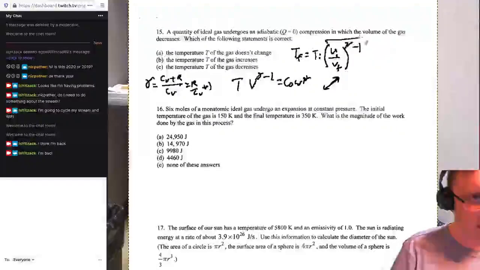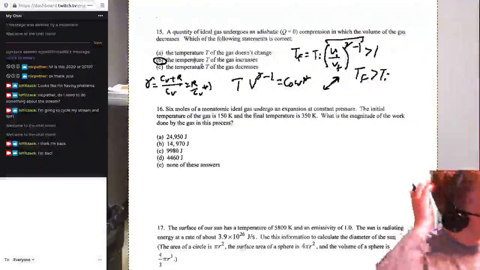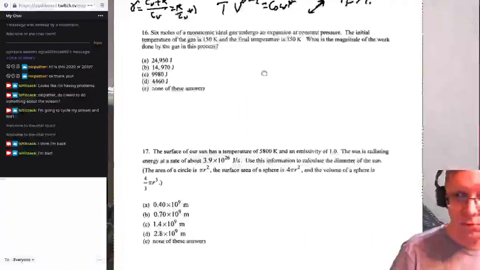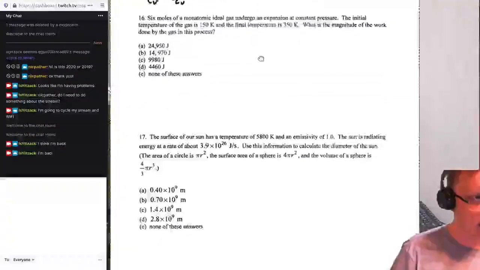So this number here is greater than 1, which means our T final is greater than T initial. Temperature increases. How much? Don't know. We're not even given enough information for that anyways.